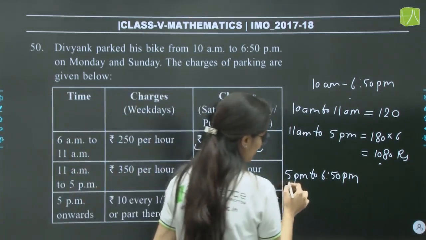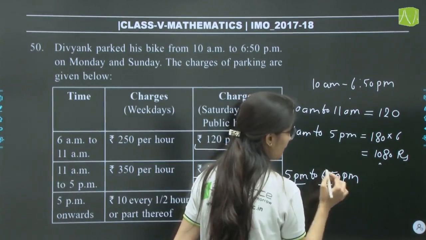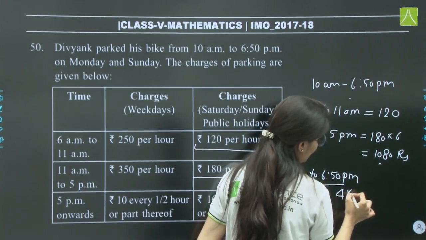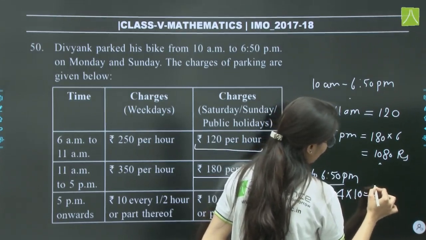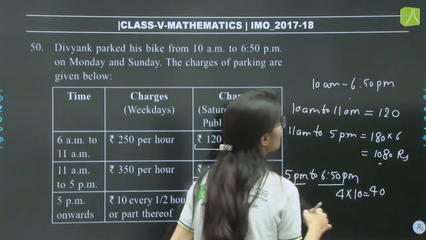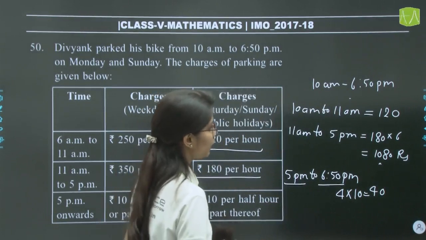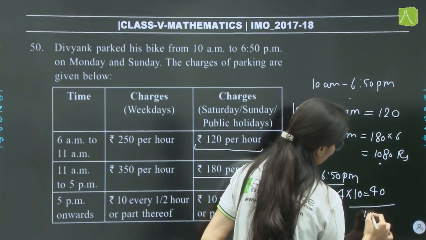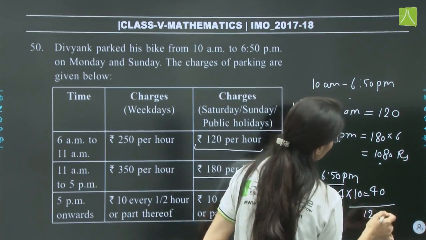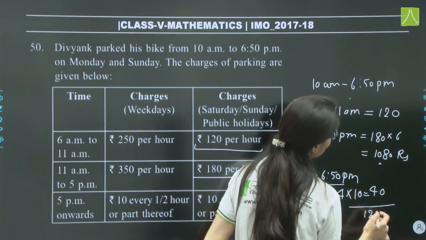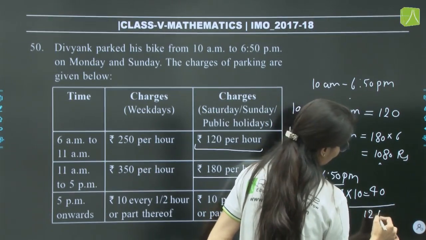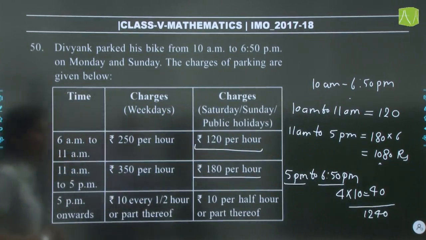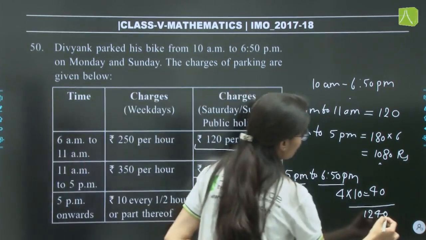Again we have 3 half hours and some part, so multiplying 4 with 10, the answer will be 40. Now add 120, 1080, and 40. You will get the answer as 1240. This is the charge for Sunday.